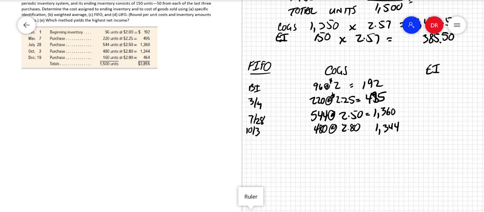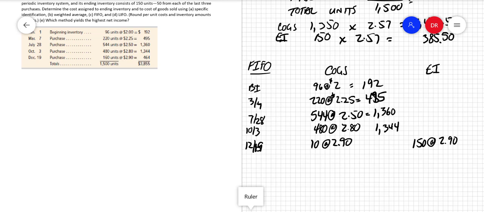Now the last layer of inventory, we have 160 units purchased, but we have 150 units left in ending inventory. So what we're going to have here is 150 units in ending inventory in this last layer at $2.90, and we'll have 10 units at $2.90 in cost of goods sold.